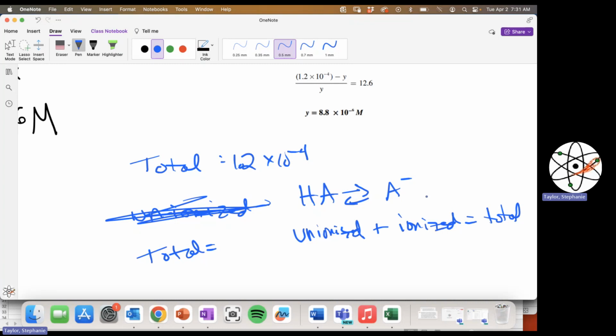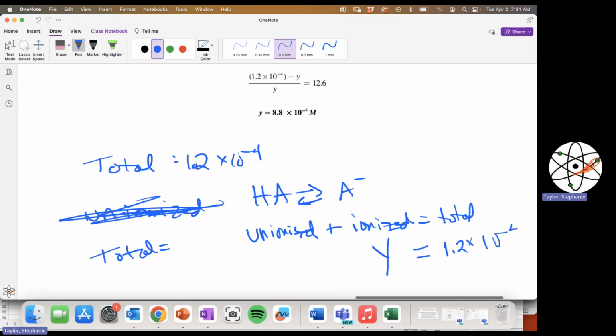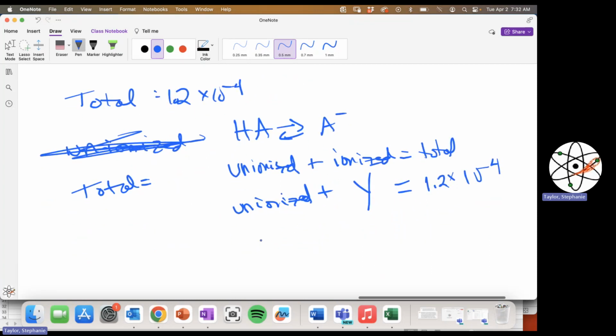Your textbook went ahead and decided that the ionized would be y, because that is the thing that we're looking for. And then the total is that number we solved for, 1.2 times 10 to the negative 4. And then we basically had this other thing, the unionized. And essentially you can solve for the unionized with the information that we have: 1.2 times 10 to the negative 4 minus y.